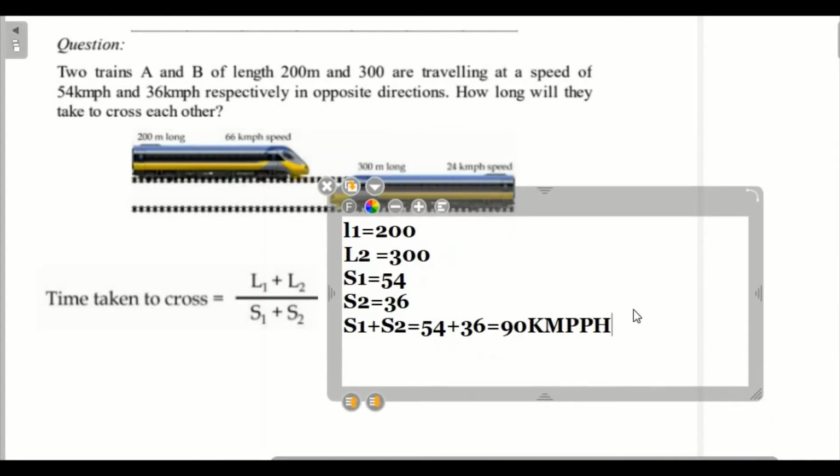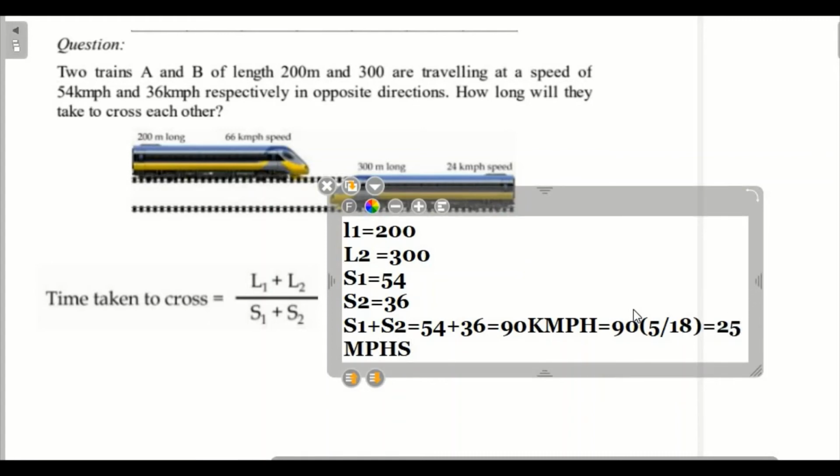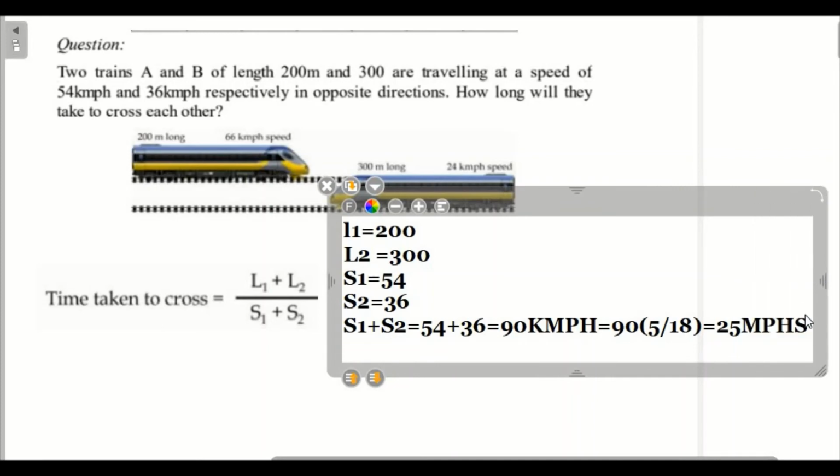As I said earlier, for converting it, you substitute the value 90 into 5 by 18. You'll get 25 m/s. So we have calculated the m/s value. Then you substitute it. We have to find the time taken. So time equals (L1 plus L2) by (S1 plus S2).